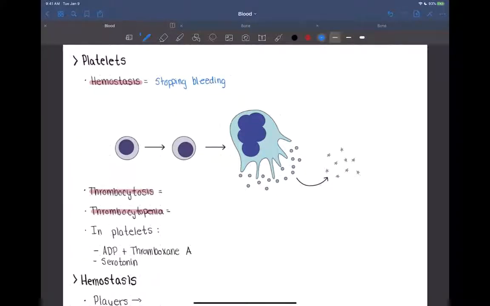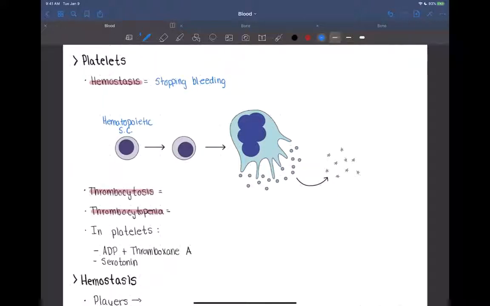Okay, and so the platelets are derived from, if you remember, we've talked about it a couple times now, these hematopoietic stem cells. All right, so that's our first cell, and then remember platelets.